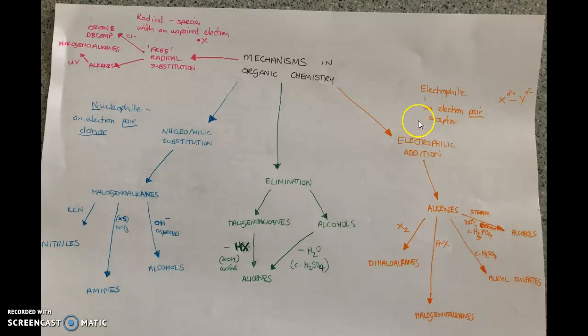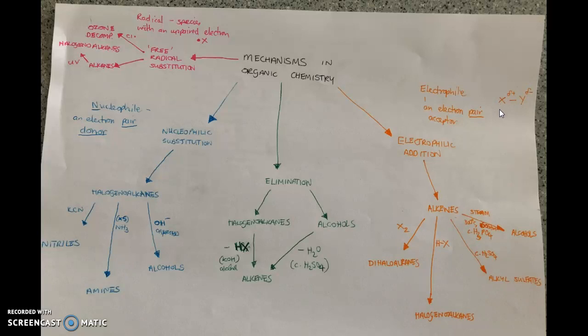Finally, we got our electrophilic addition mechanisms. An electrophile is an electron pair acceptor. Okay, most commonly we have seen molecules being electrophiles, so we've got a delta plus on our X and a delta negative on our Y. So this could be due to a polar bond.